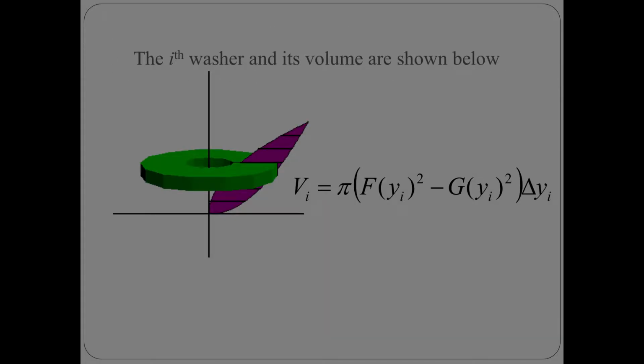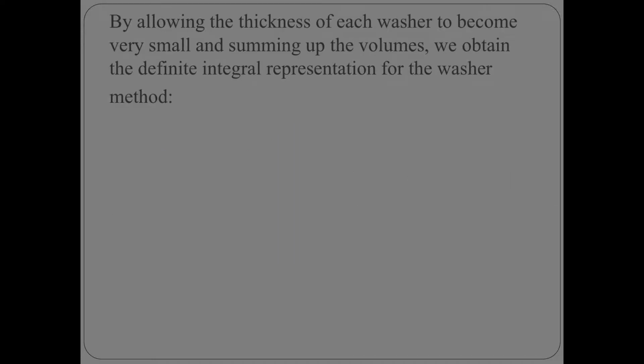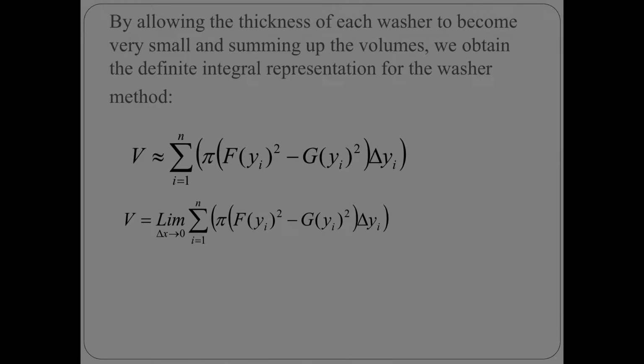And so we have the same thing happening where we have pi r squared minus r squared times h. Our h now, that infinitely small thickness, is change in y. And so now we have dy. And when we add them all together, this is how we do it.